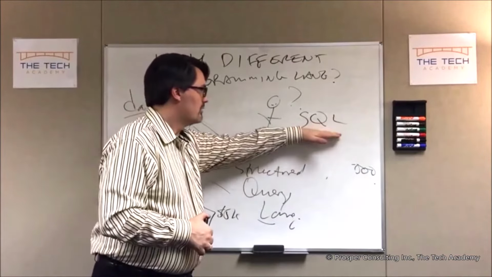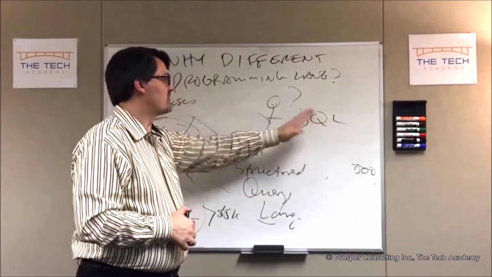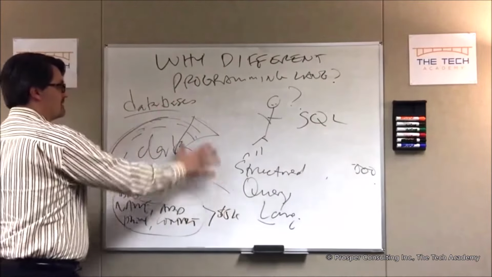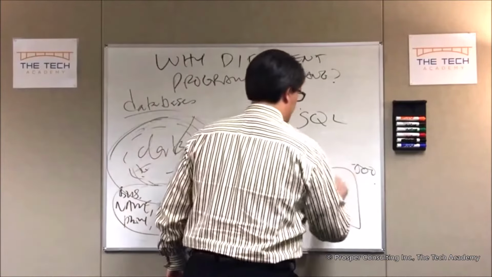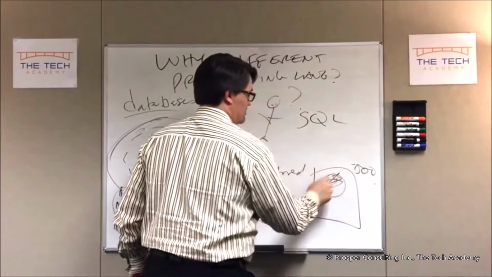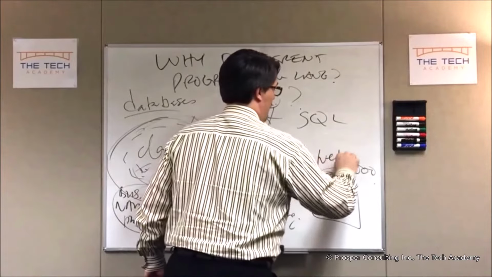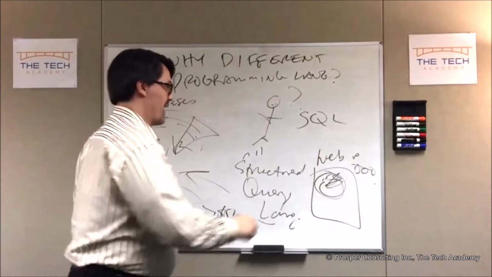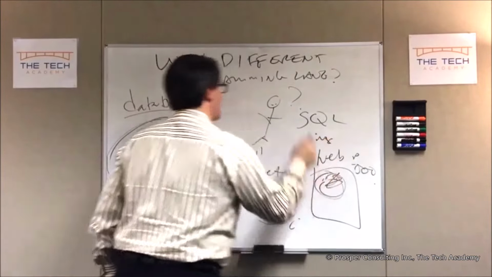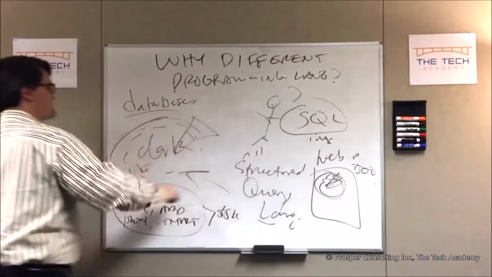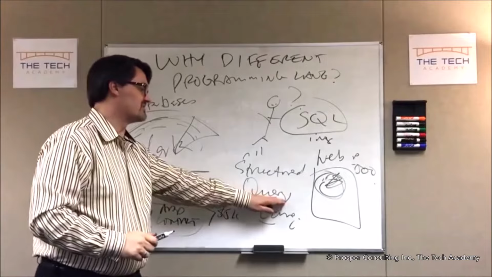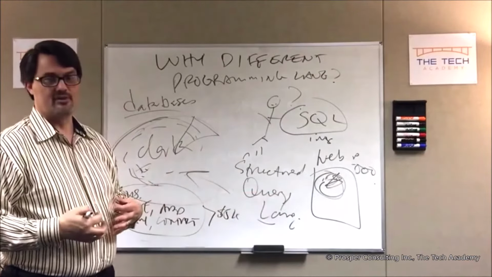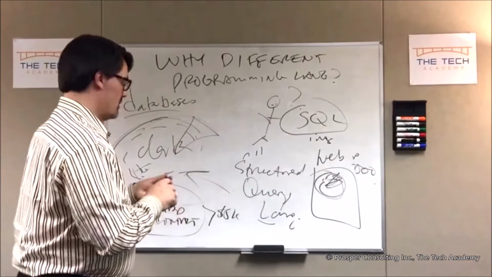So this language, SQL, is fantastic for querying large amounts of data. It's horrible for displaying things on a web page, or for making web pages, or for handling images. It's purpose-built for this exact situation: a large collection of data that you need to do queries against to return a subset of that data that matches certain criteria.